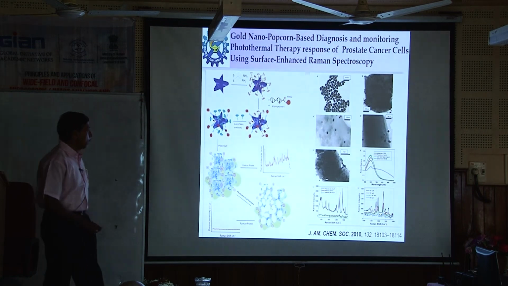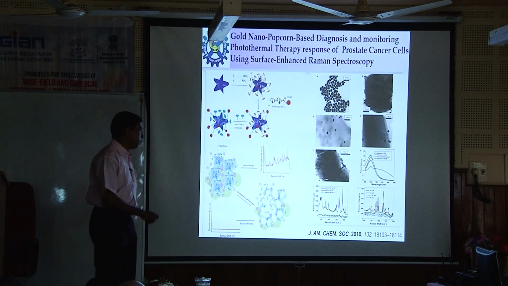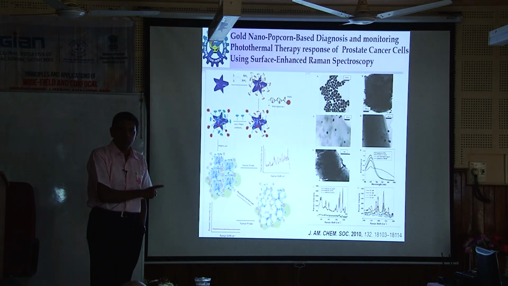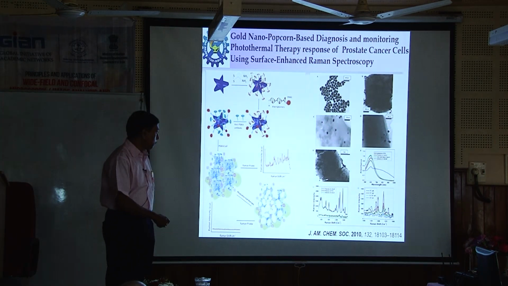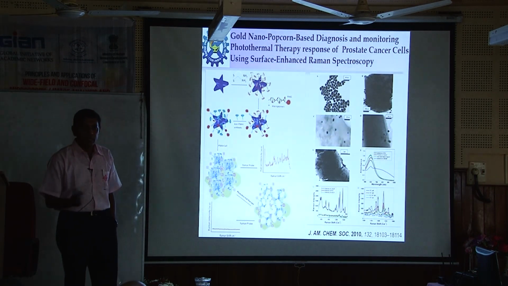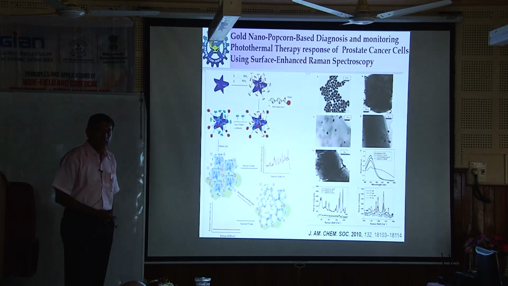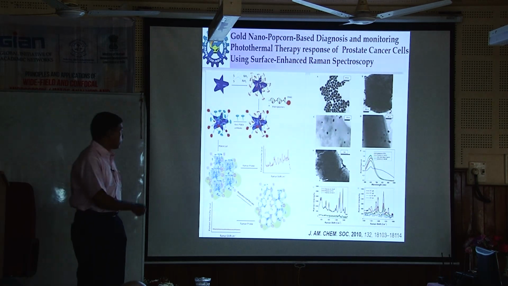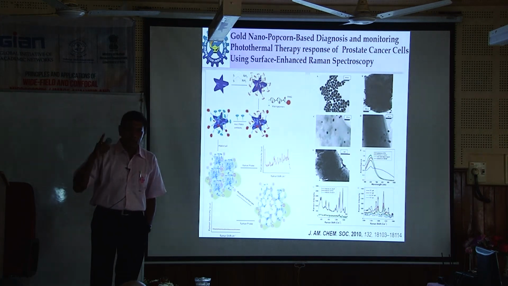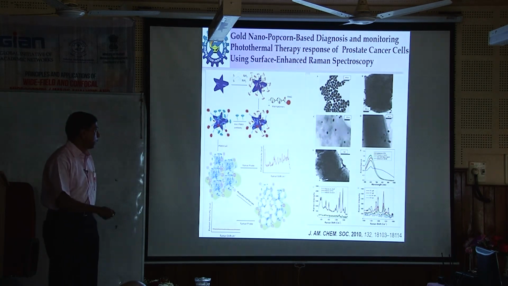They checked many characterizations with the target specificity, because it is specific to prostate cancer cells. They used specific prostate cancer cells, and as a negative control different cell lines, and they showed that it is very target specific, and when delivered as photothermal therapy, it can be translated through the Raman.